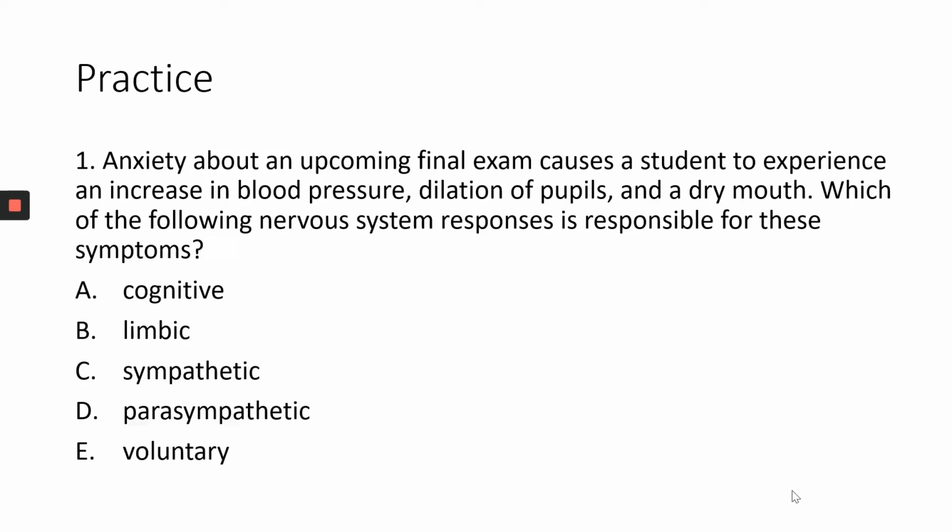All right. Anxiety about an upcoming final exam causes a student to experience a few things. First is an increase in blood pressure, dilation of pupils, and a dry mouth. Which of the following nervous system responses is responsible for these symptoms? I saw this question somewhere. I thought it was a very good question. So cognitive, no, because cognitive is about thinking and processing information, right?